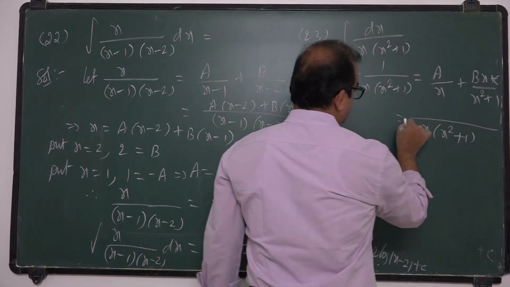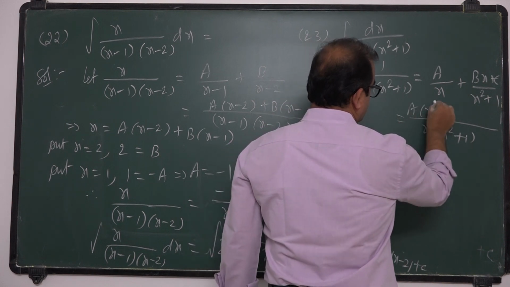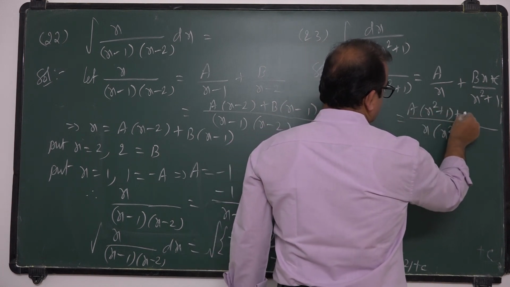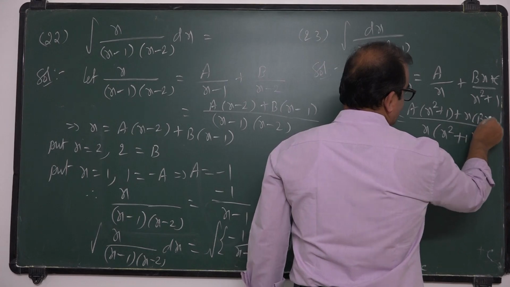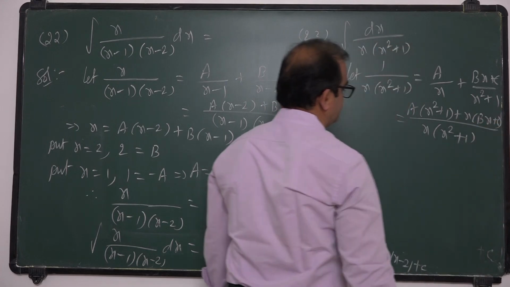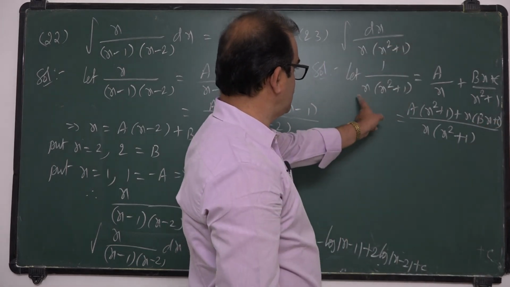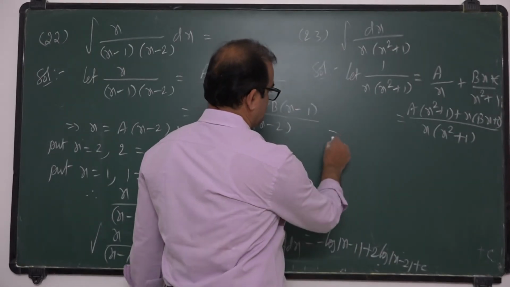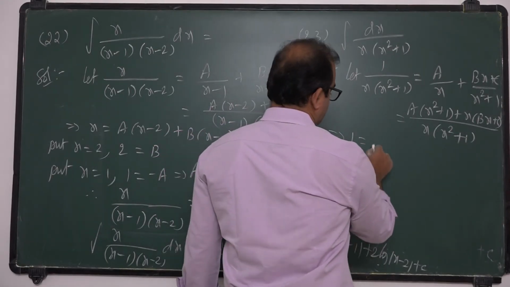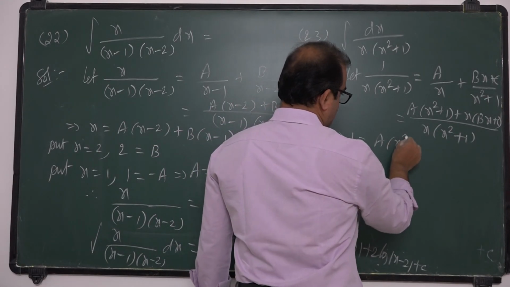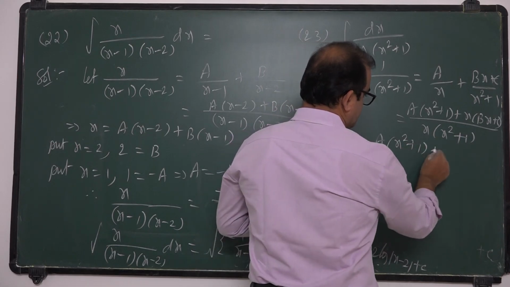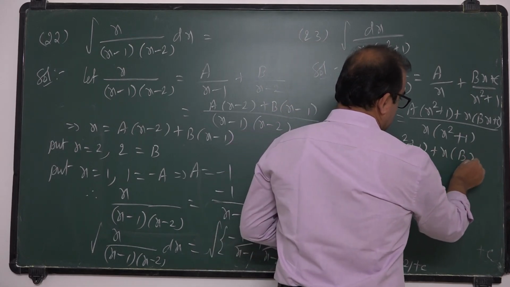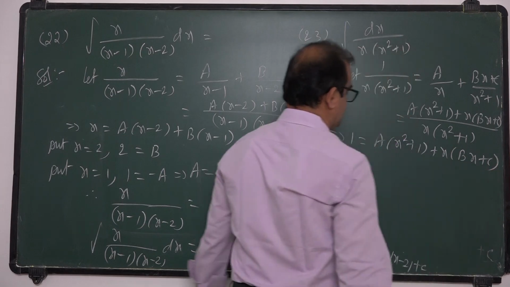In numerator, a into x square plus 1 plus x into bx plus c. Compare the numerators. 1 is equal to a into x square plus 1 plus x into bx plus c.